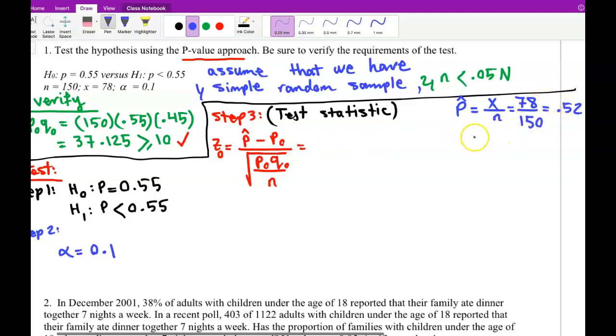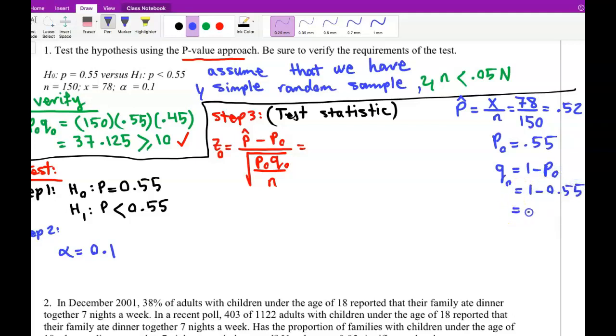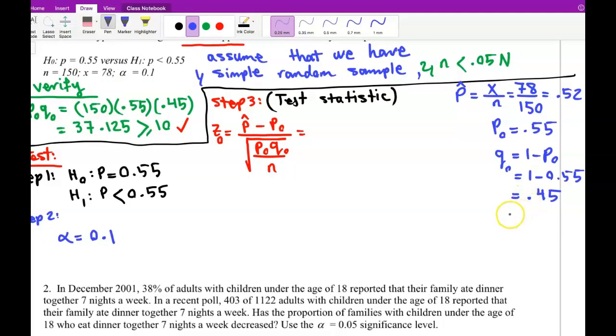And I'm writing what p0 is. So p0 is given as 0.55 and q0 is equal to 1 minus p0, so 1 minus 0.55, that is 0.45. And here we're going to use n, so I'm writing n as 150. Okay, back to here.